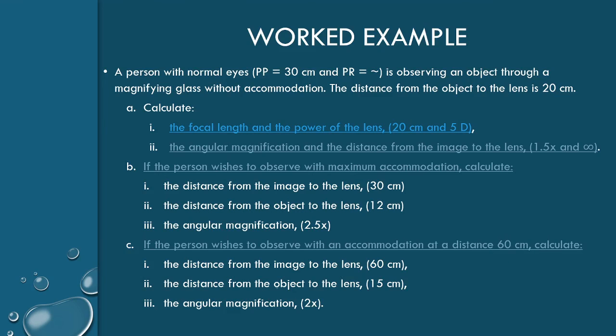The distance from the object to the lens is 15 centimeter, and the angular magnification is 2 times. So all of our answers are correct. And this is the end of our discussion for number 1. We will continue the discussion in the next video.